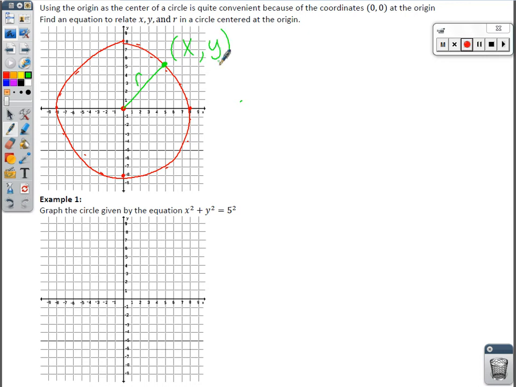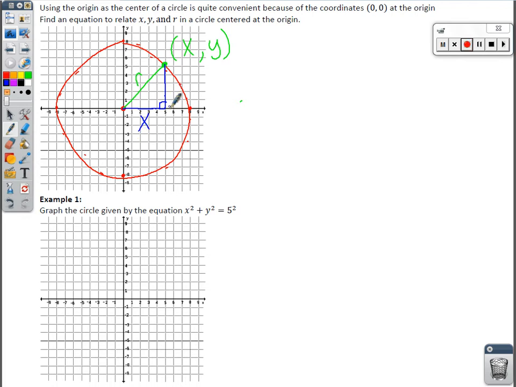So let's talk about how we would be able to relate the radius of the circle there to that point, x, y. Well, something we've done often so far here has been to make a right triangle. If we make a right triangle going to that x, y coordinate point, then the bottom leg of the right triangle is the x coordinate.